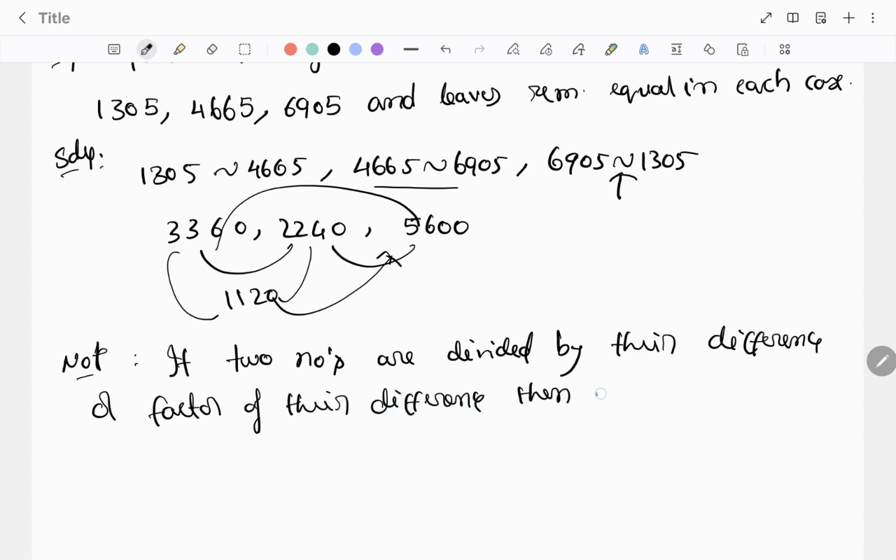Then it leaves the same remainder; if A, B, C are given, the A to B difference, or B to C difference, or C to A difference, everywhere.